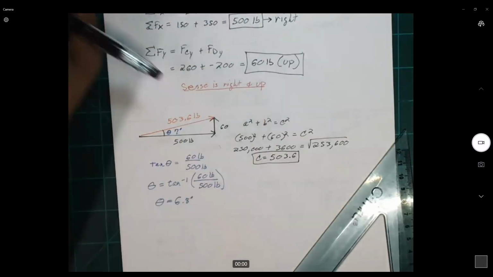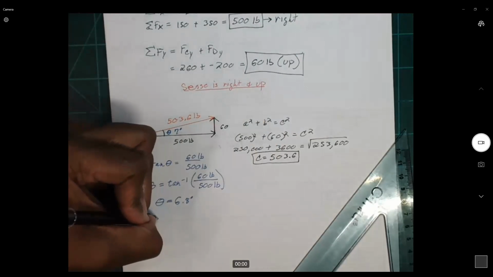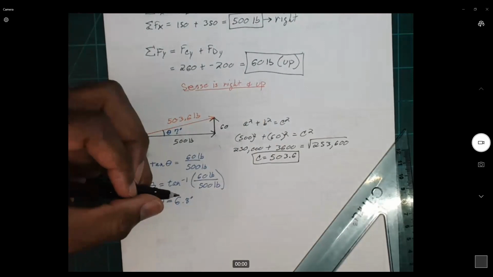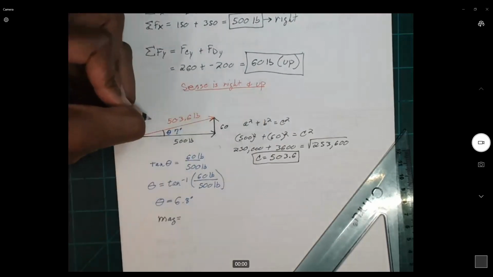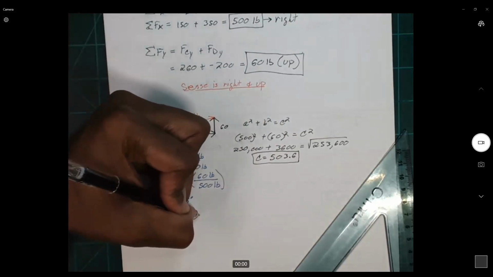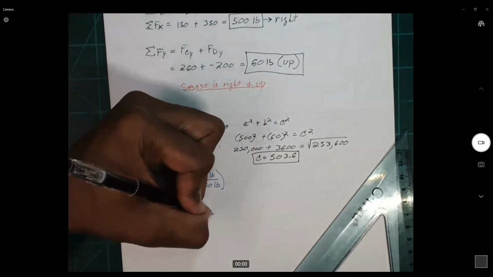So our direction, let's start with our magnitude. Our magnitude is 503.6 pounds.